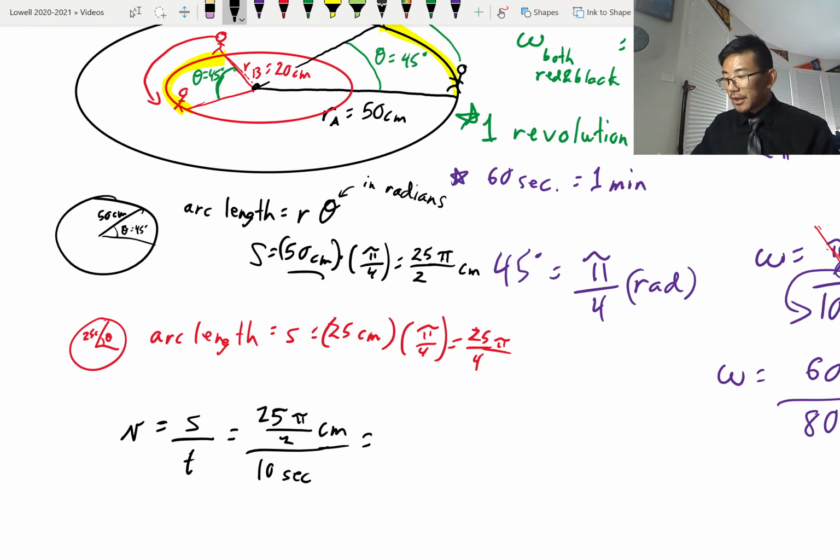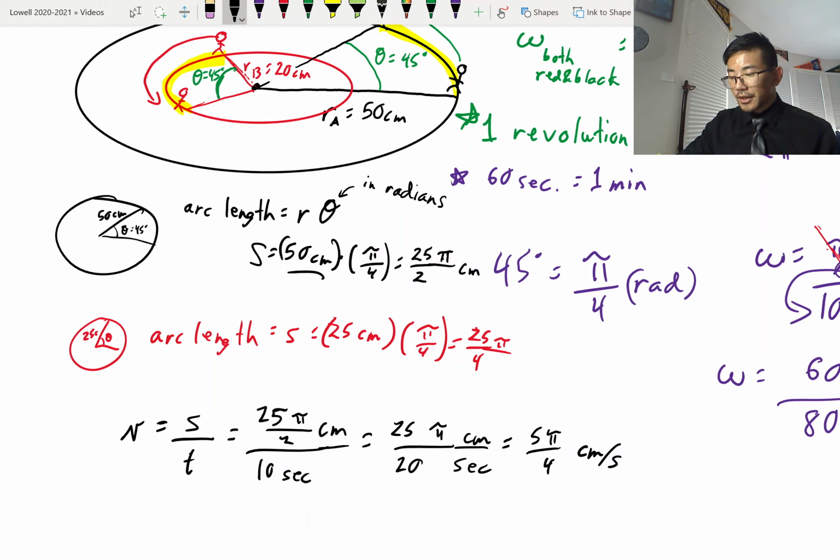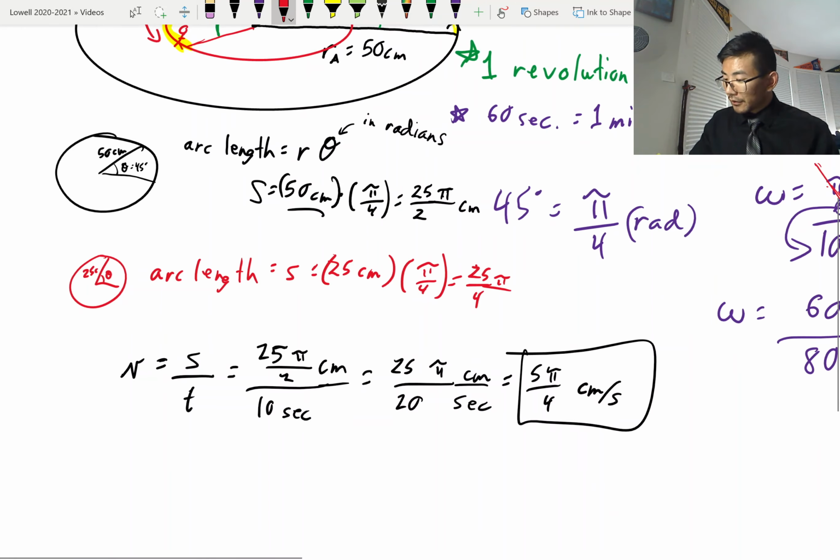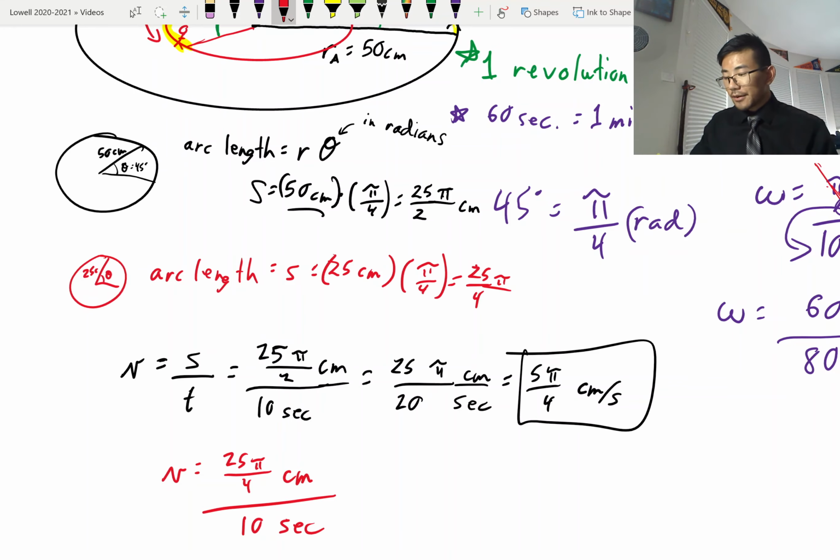And this just ends up being 25 pi over 20 centimeters per second. And if I simplify this, it's simply 5 pi over 4 centimeters per second. If I follow suit with the red one, then our velocity, in this case, is 25 pi over 4 centimeters, and it took us 10 seconds to get there.